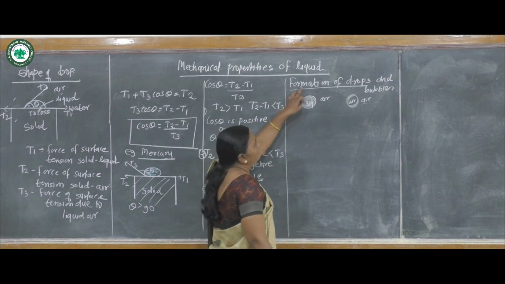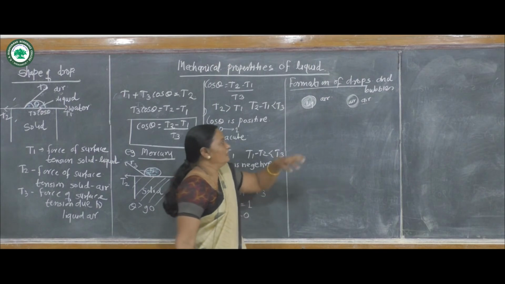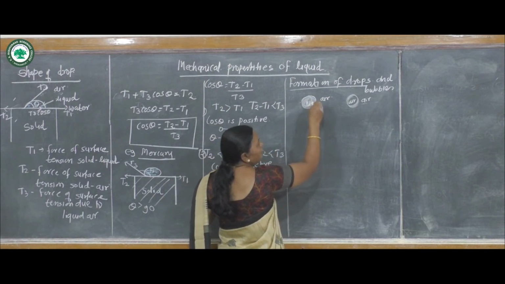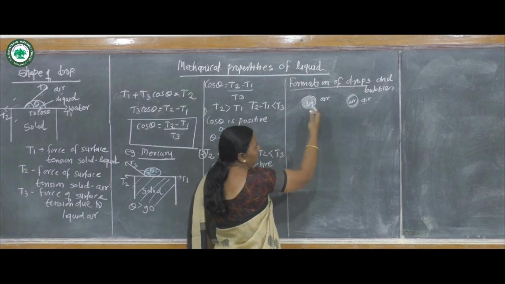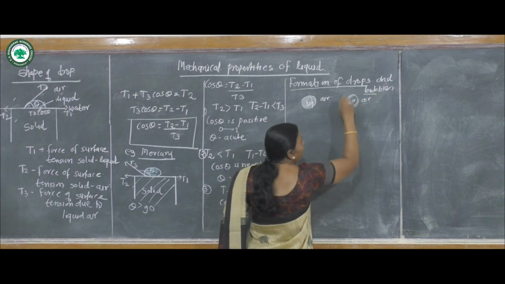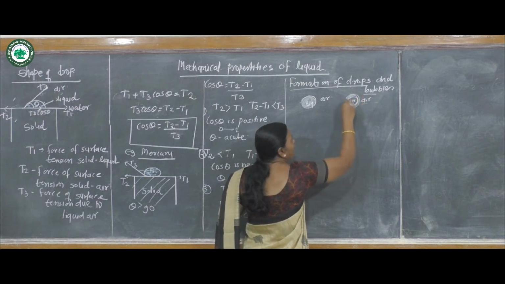Now we find the expression for formation of drops and bubbles. In case of the liquid drop, the shape of the liquid drop is due to surface tension, and the shape of a liquid bubble is also due to surface tension. But in case of a bubble, there are two surfaces, inner surface and outer surface.